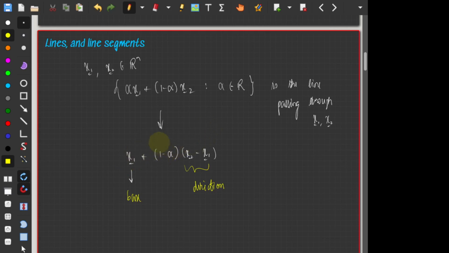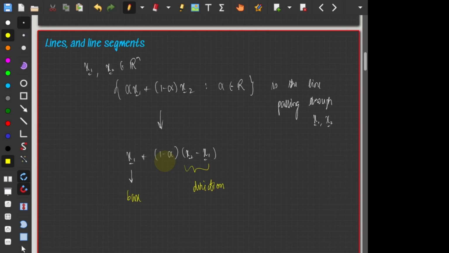If 1 minus alpha is positive, then it lies along the direction from x1 to x2. And if 1 minus alpha is negative, what happens? It lies in the direction opposite to x2.